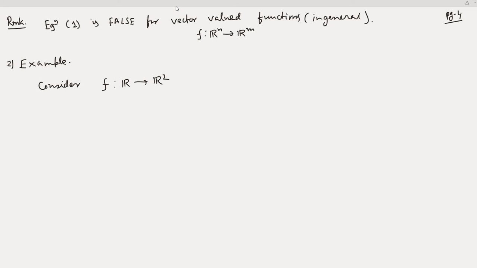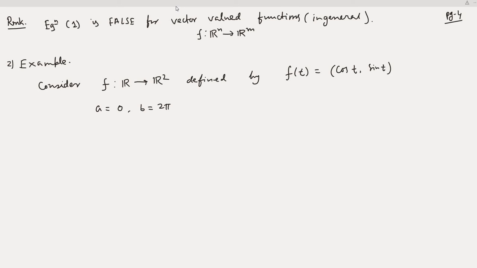Consider the function f from R to R2 defined by f of t equal to cos t comma sin t, and a equal to, let's say, 0 and b equal to 2 pi.